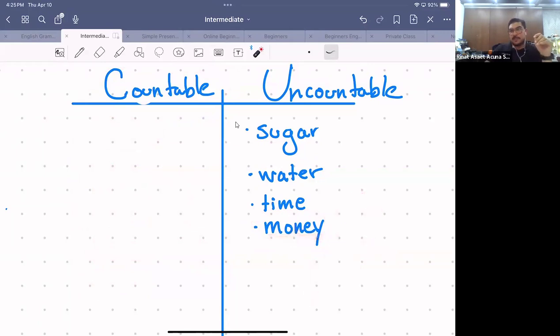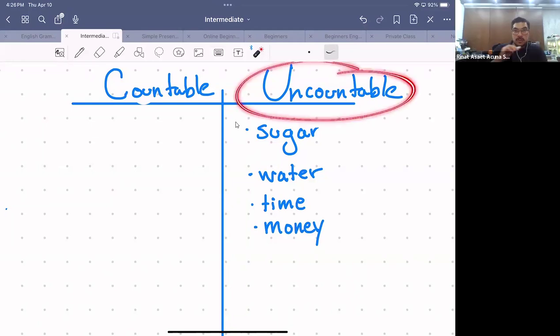No. You can't say, I have one money, I have two money, I have five money. ¿O en español podemos decir eso? ¿Tengo cinco dineros? No. Tengo dinero nada más. Exacto. Tengo dinero, porque es algo que no puedes contar. All right. So that is uncountable nouns.